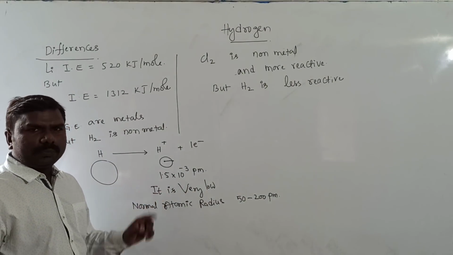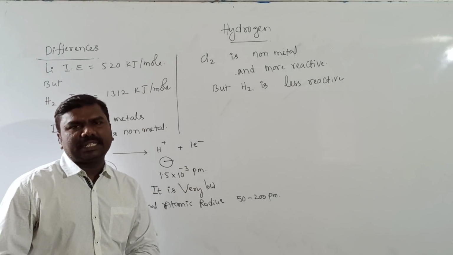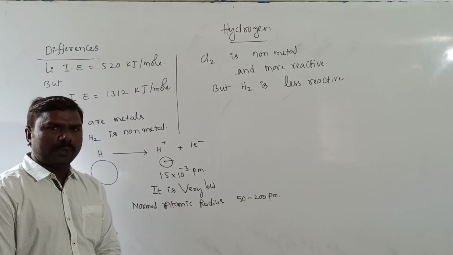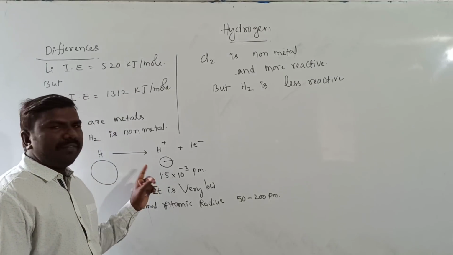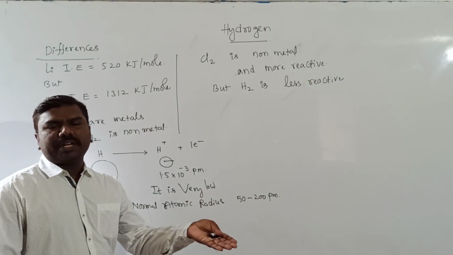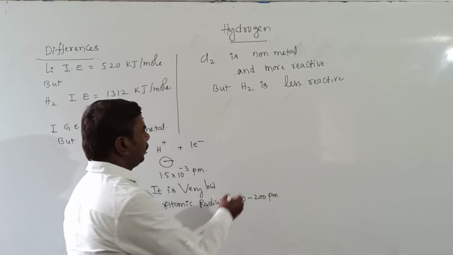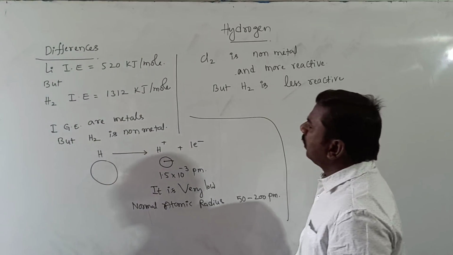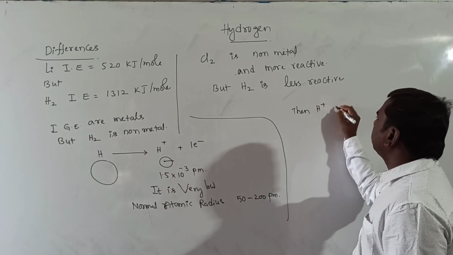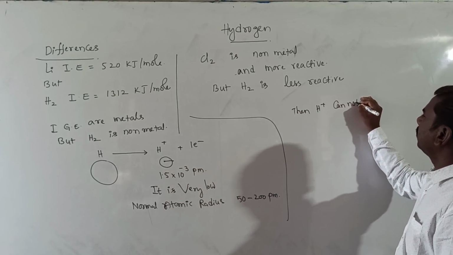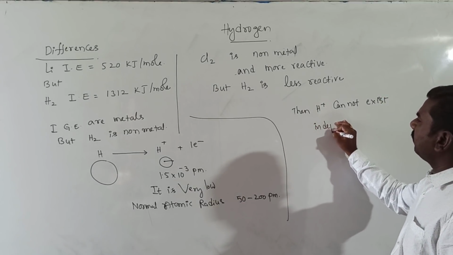It is very low. That's why H plus will not exist independently on its own. It should always be combined with another H atom or any other molecule. Right. So H plus cannot exist independently.